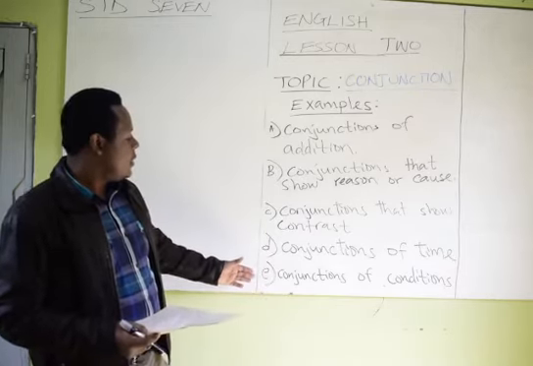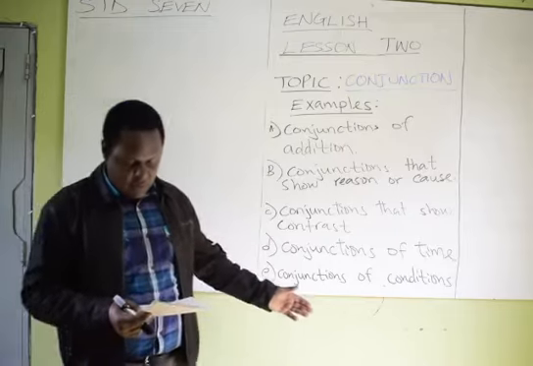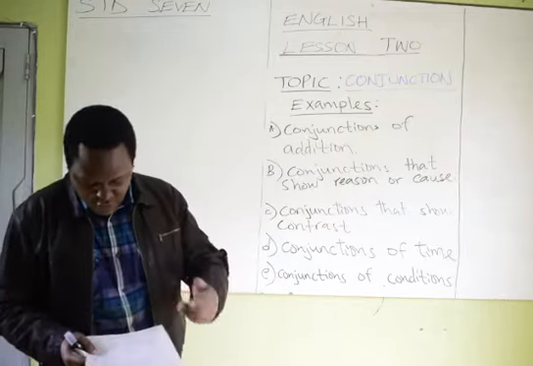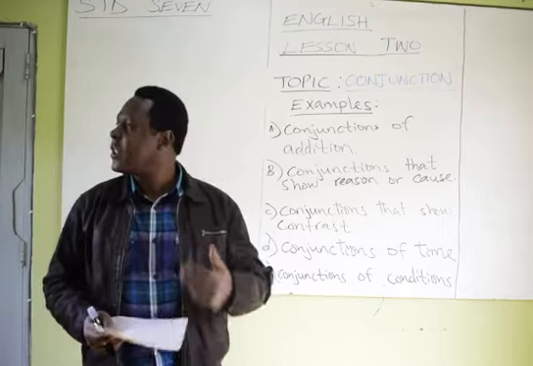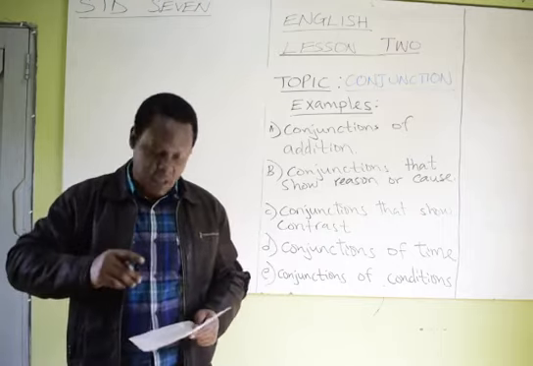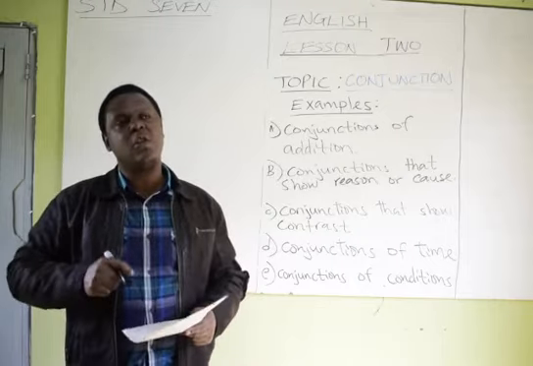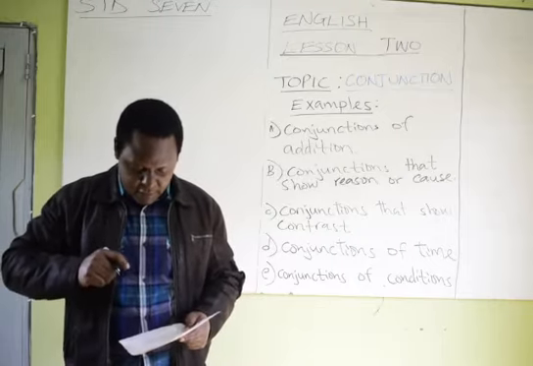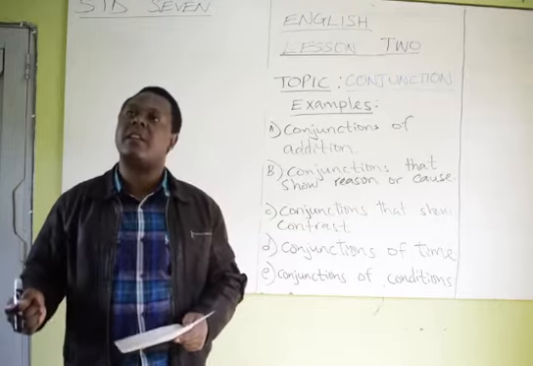In E, we do have conjunctions that show conditions. These conjunctions, basically, are used to say that one thing will not happen until something else has happened.